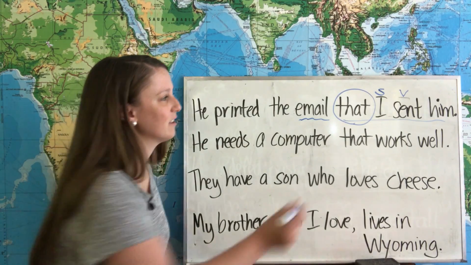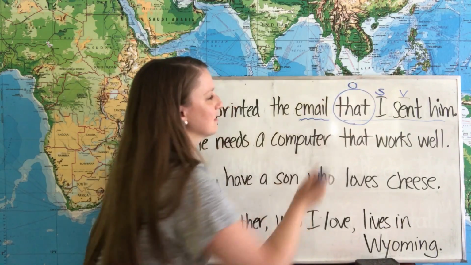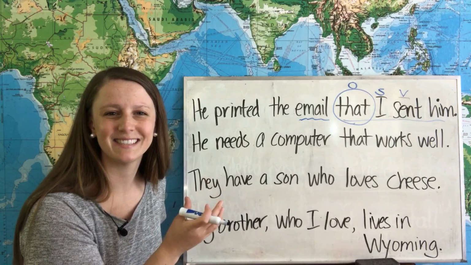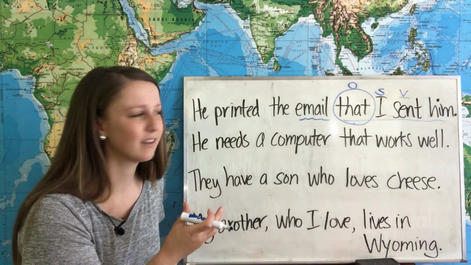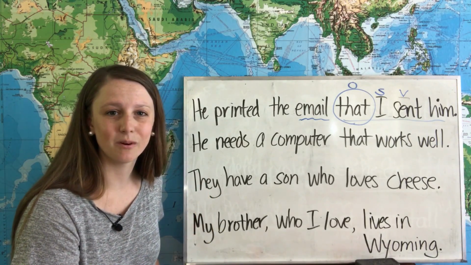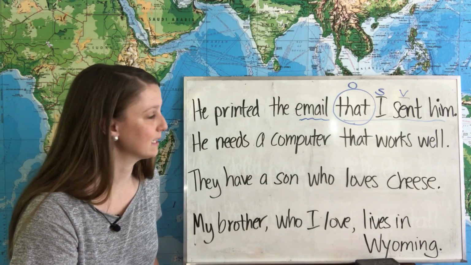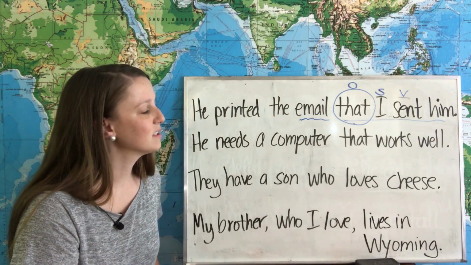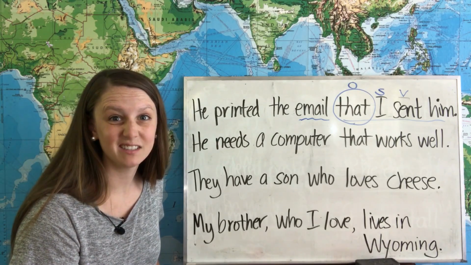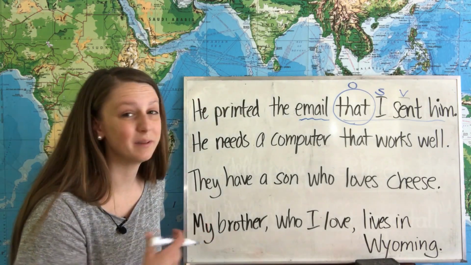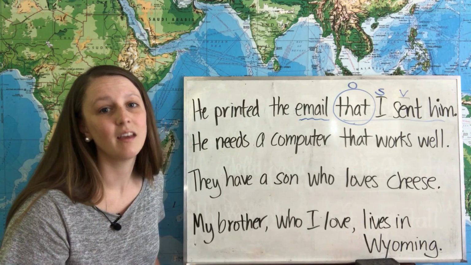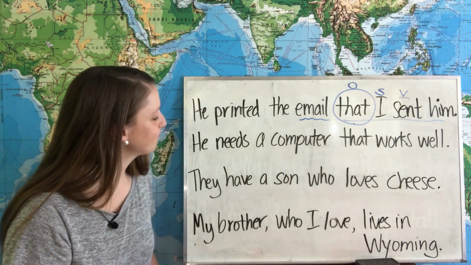So this is actually the object of the sentence. You can imagine what that word that is replacing, what it's taking the place of. And it's taking the place of the word email in this sentence. I sent him the email. So we know that it is the object relative pronoun because it's taking the place of the object of the sentence. Let's try another example.